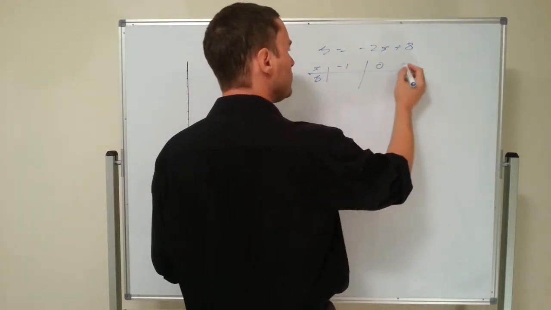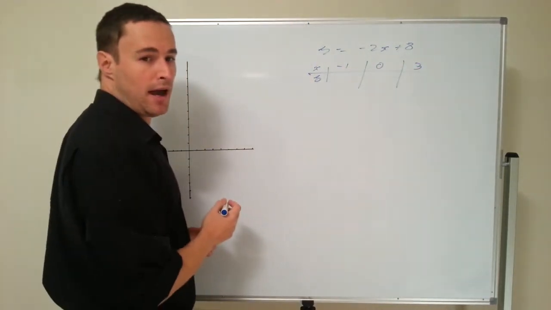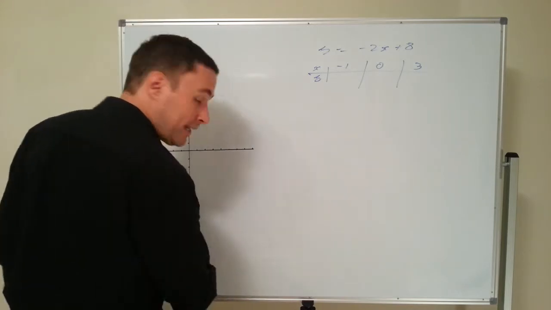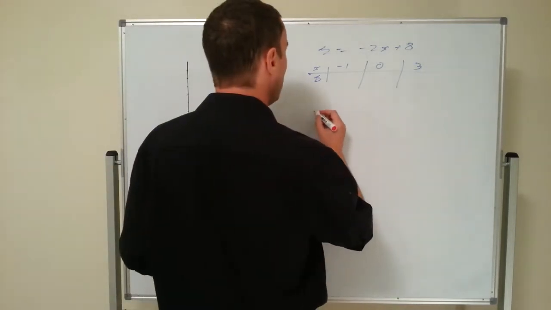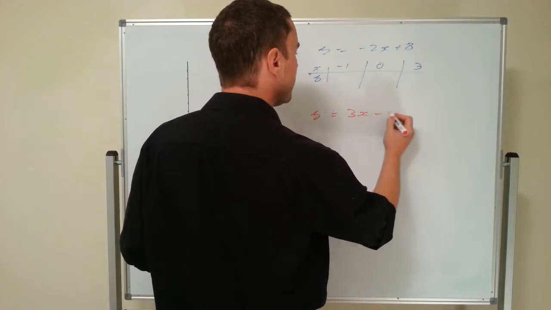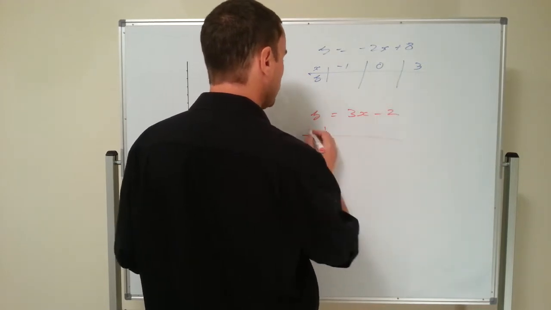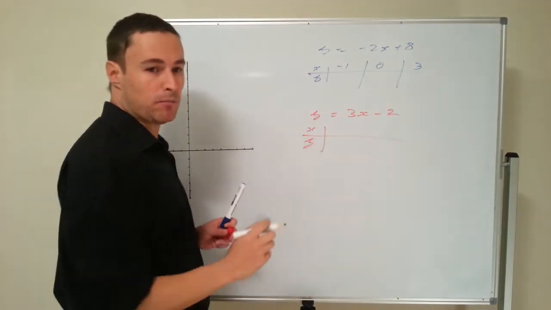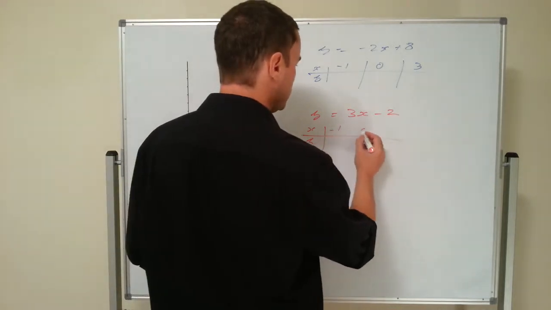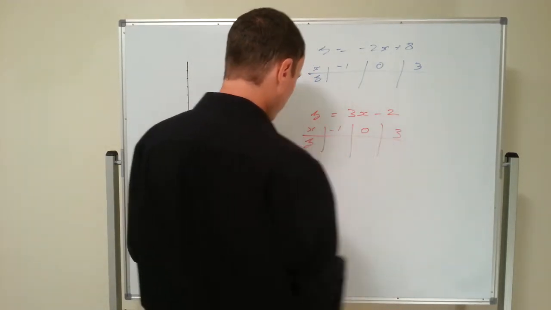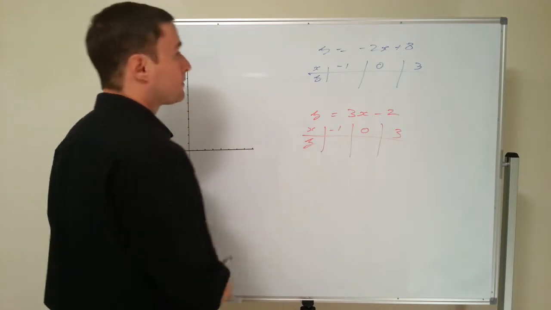Okay, and then the next one is y equals 3x minus 2. And for this one, x and y, I've chosen minus 1, 0, 3.